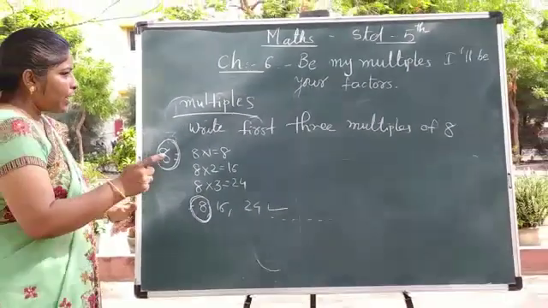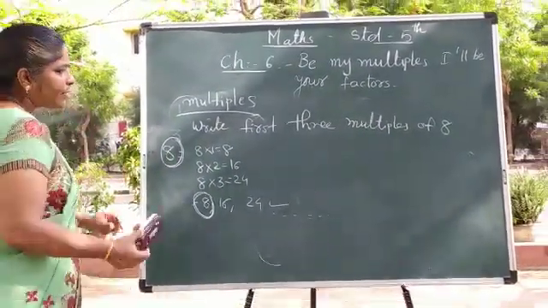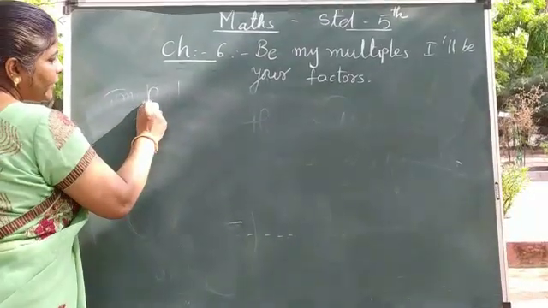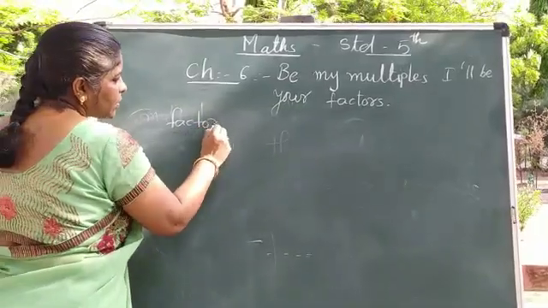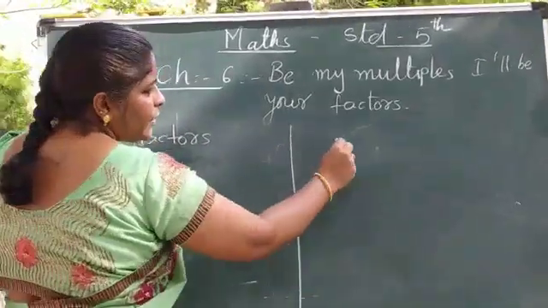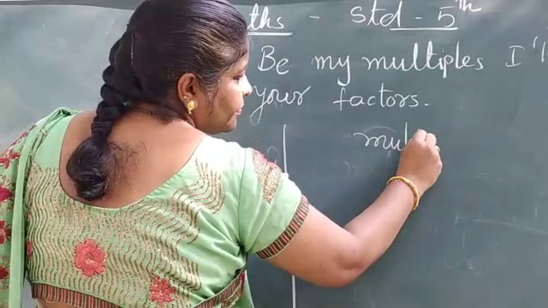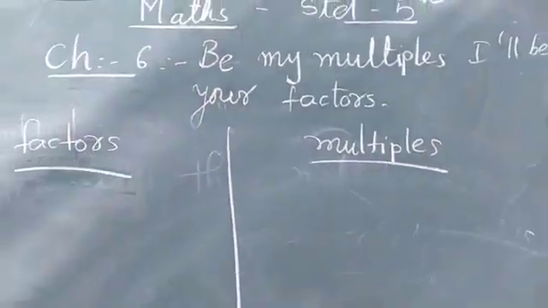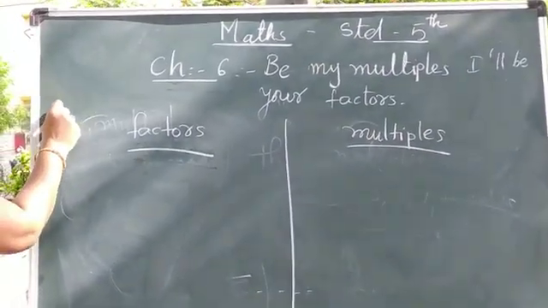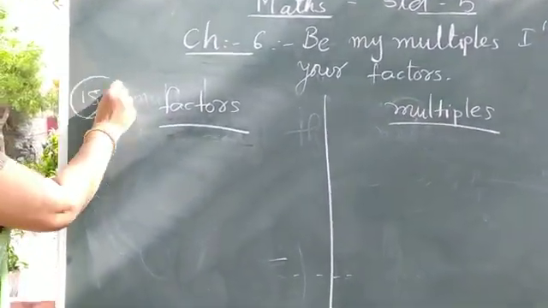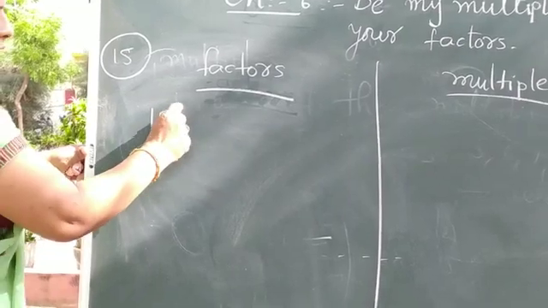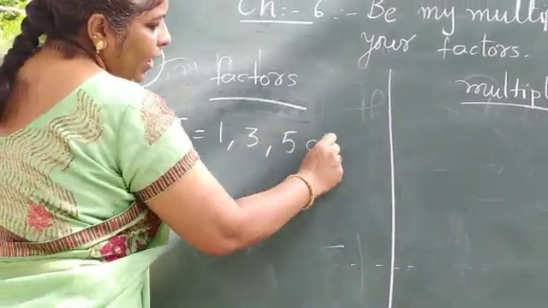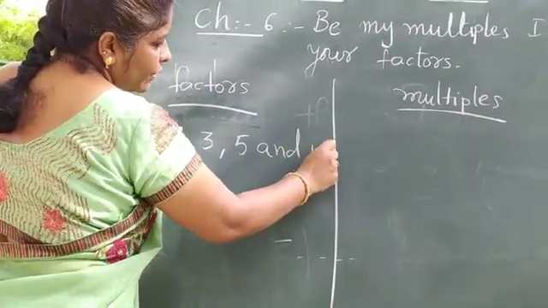So now, I'll show you the difference between factors and multiples. For example, if you want to write the factors of 15, the factors of 15 are 1, 3, 5 and 15.